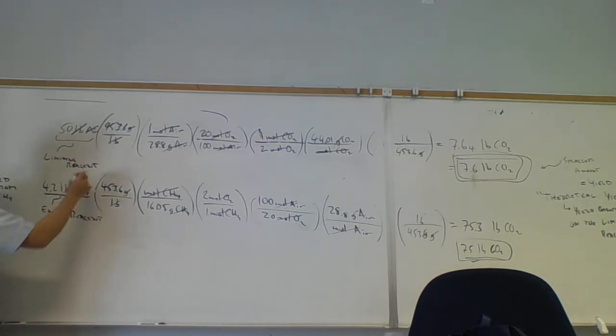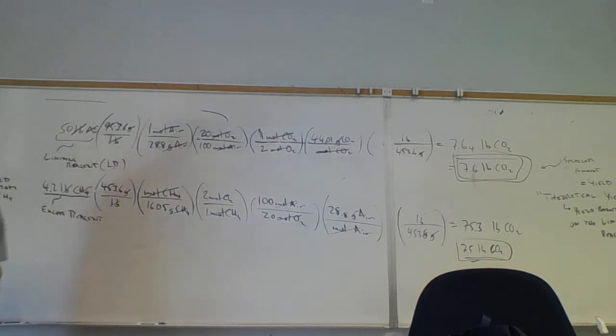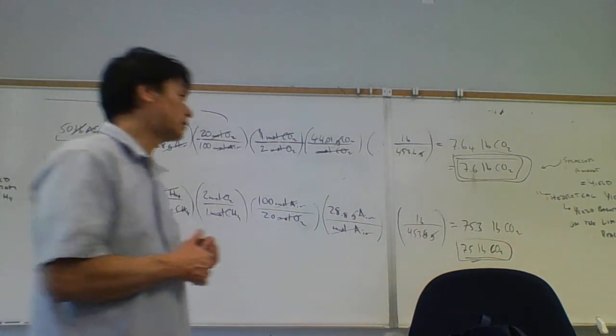The limiting reagent often is abbreviated LR. Excess reagent, people don't normally abbreviate that with ER or anything like that. And so how much is left over? How much methane is left over unreacted?